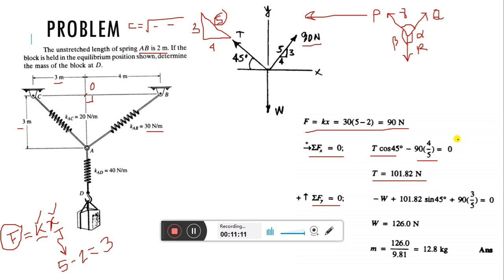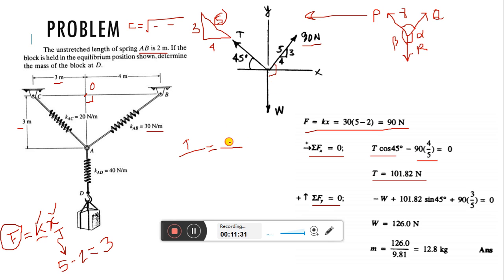In the other way, you can also write like T by sine of that angle, you find out this angle. I'm not going deep into that. I'm just instructing you the method.